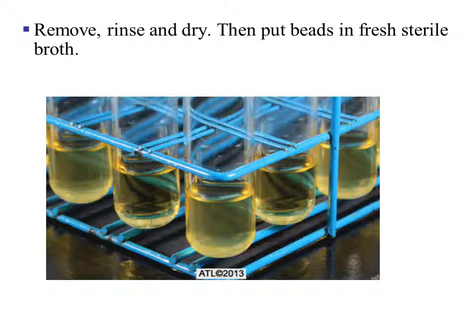Once the bead has been soaked in the disinfectant, you then remove it. You need to rinse the residual disinfectant off. You will then air dry it, followed by placing the bead in fresh, sterile broth.